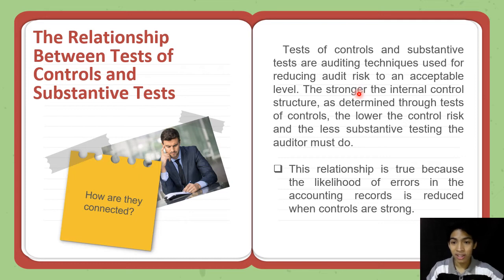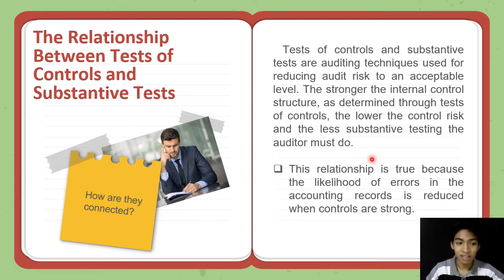The stronger the internal control structure as determined through tests of controls, the lower the control risk and the less substantive testing the auditor must do. You know, this relationship is true because the likelihood of errors in the accounting records is reduced when controls are strong. In other words, when controls are in place and effective, the auditor may limit substantive testing.